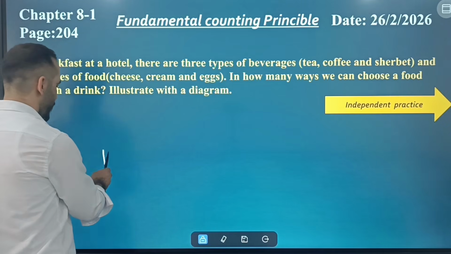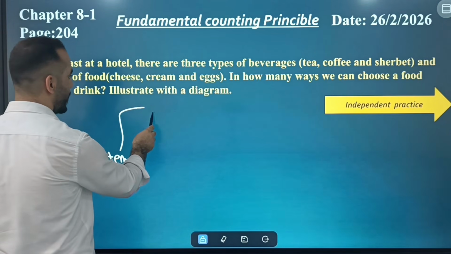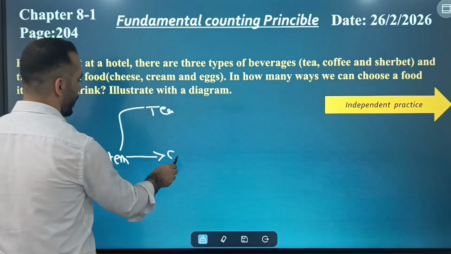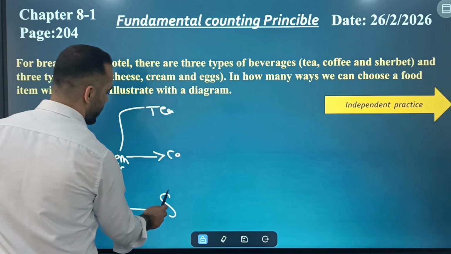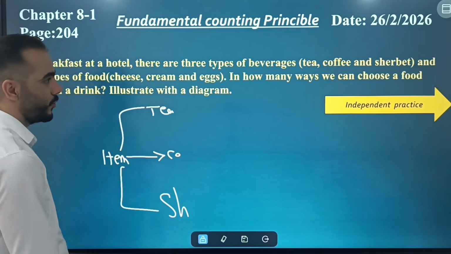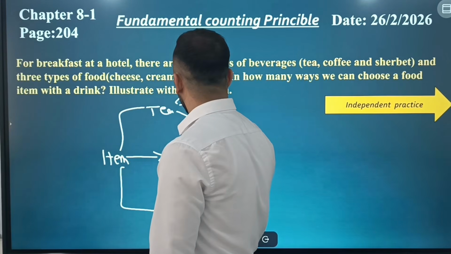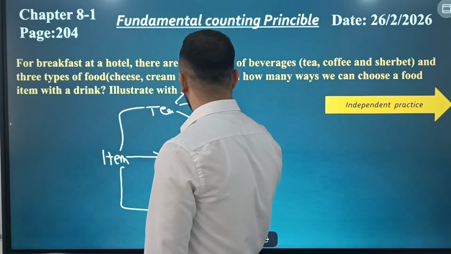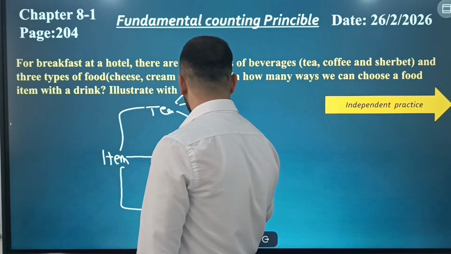Okay, so we can say that our item is something like this. It can be tea, it can be coffee, and it can be sherbet, which is juice. With tea, we have 3 choices. We can have cheese or cream or egg. As well as with coffee, we can have each one of them: cheese, cream, and egg.